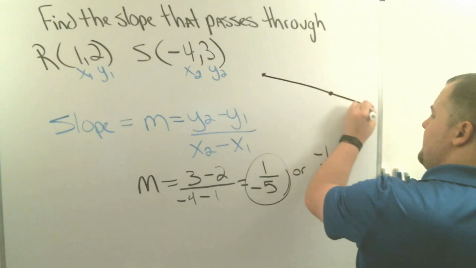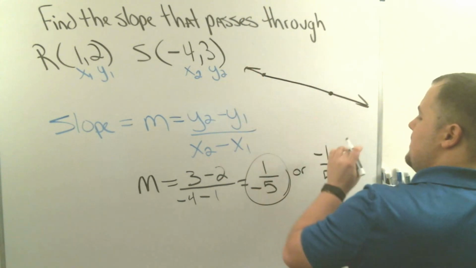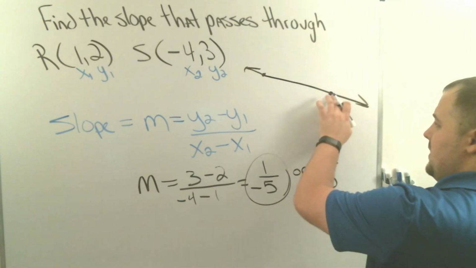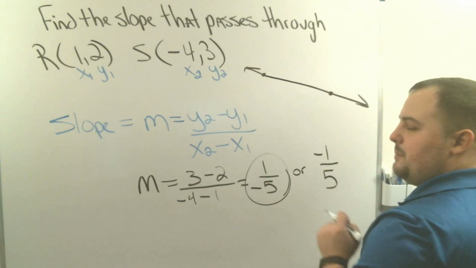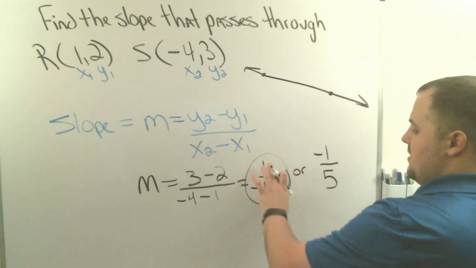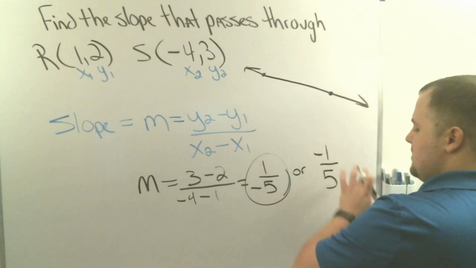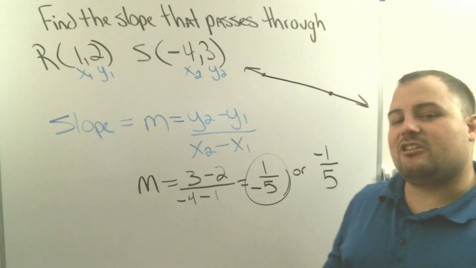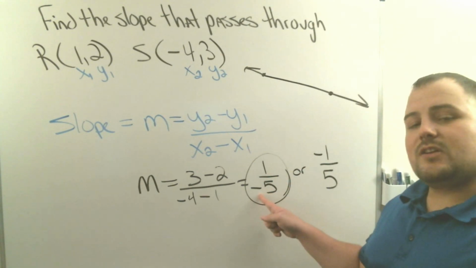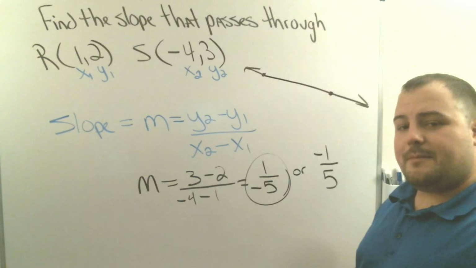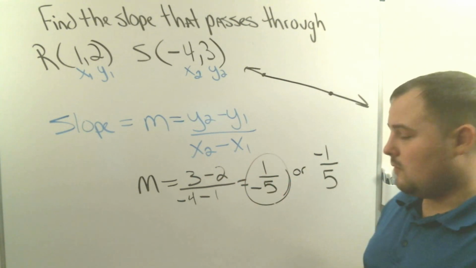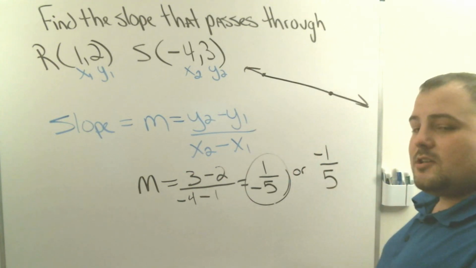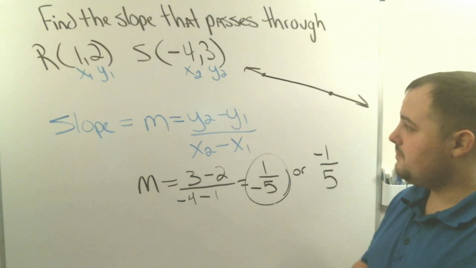And my slope would be something like this. Now this slope is still the same. If I started at this point, I could go up 1 and back 5, and I'd be right back at that same point. So this is my rise over run, this is my rise over run, and they're exactly equal. It doesn't matter if your negative's on bottom or if your negative's on top, but in this case, we had a negative on bottom based on our slope rule. So this is our slope. It looks something like that.